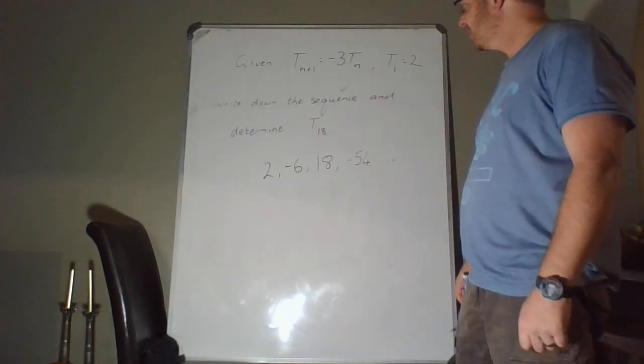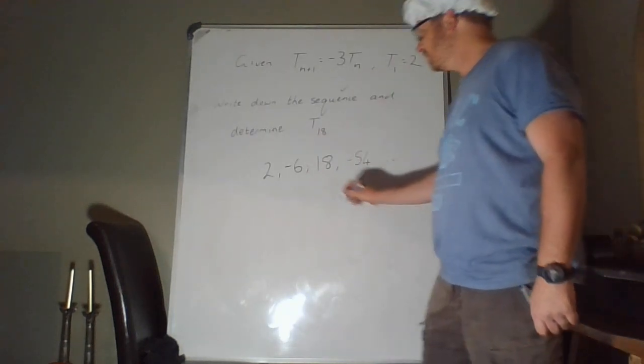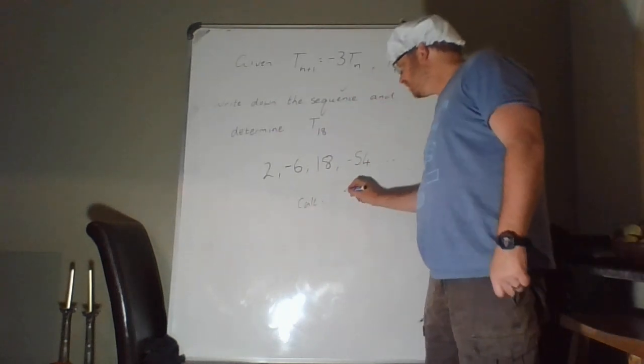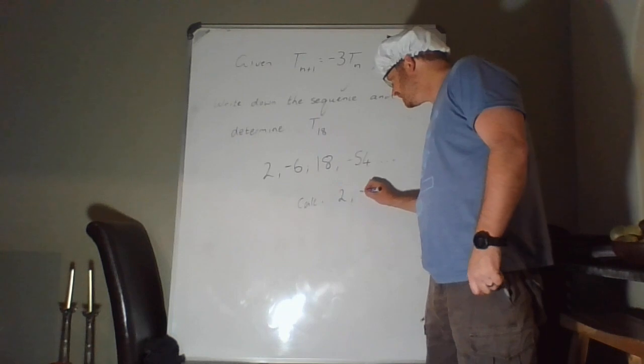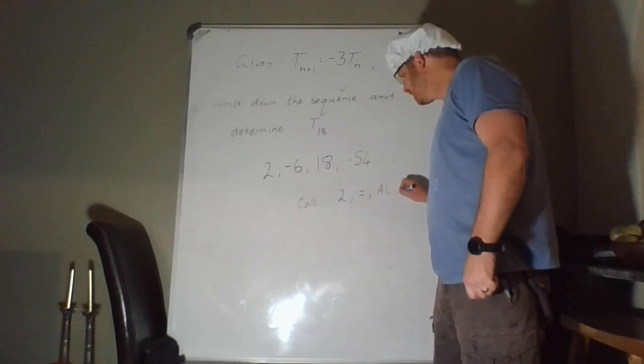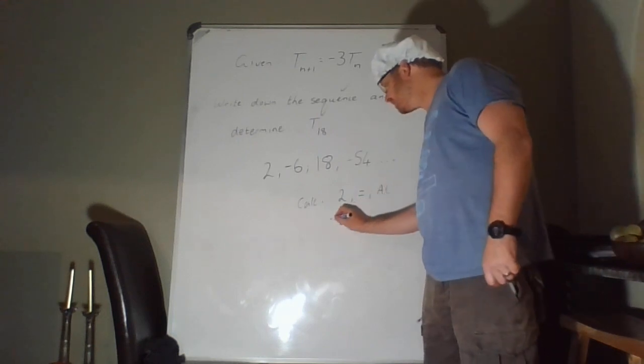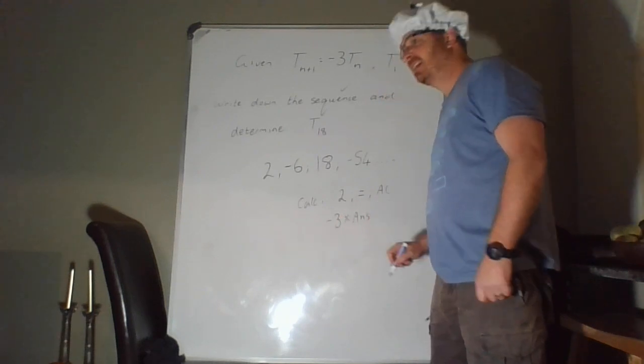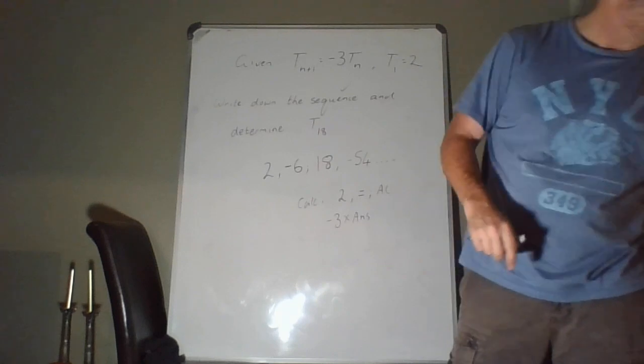Write down the sequence. Now you're going to find T18. You're going to use your calculator. Enter the first term, so you go 2, equals, clear your screen. Then in the calculator, you go negative 3 times answer. Then you go equals, equals, equals, count it, count it, count it.